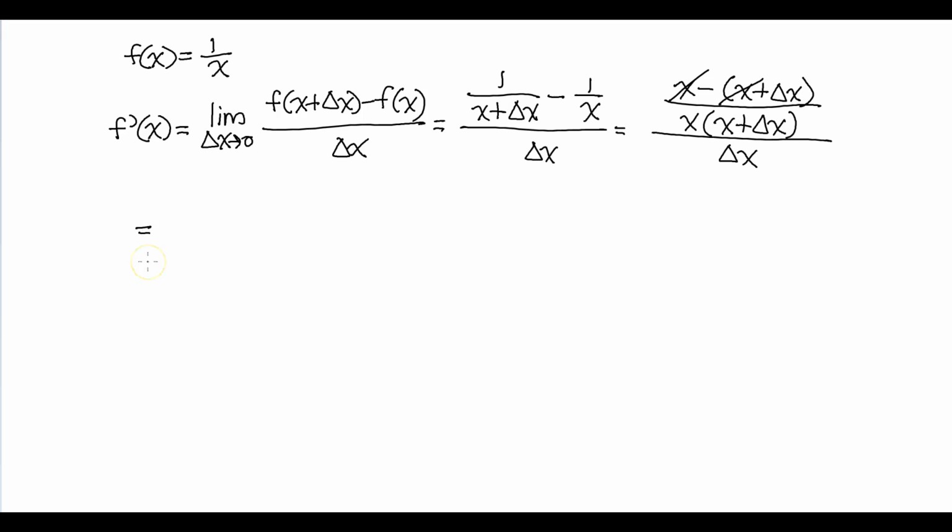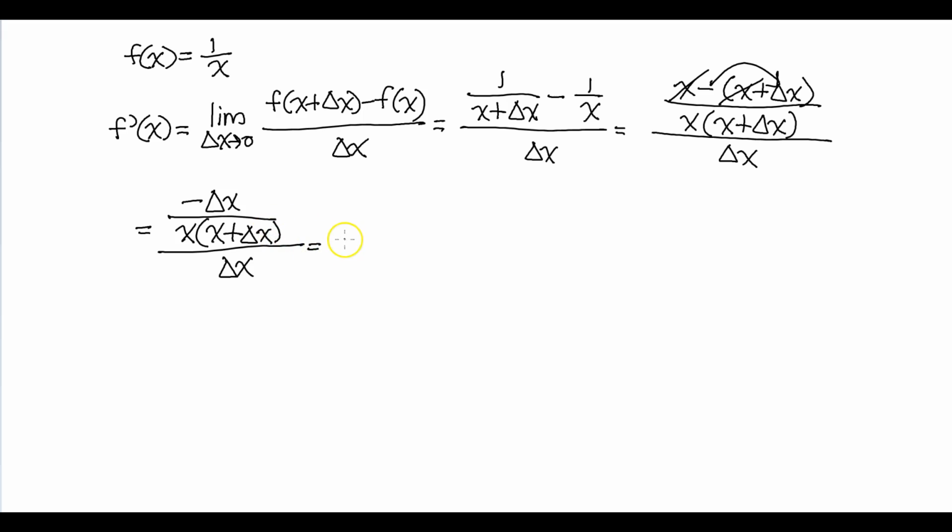So what we can do now is rewrite this as negative delta x. Remember that negative distributes, times x plus delta x, all that over delta x.